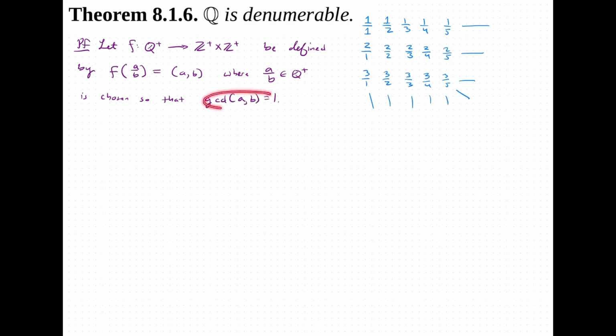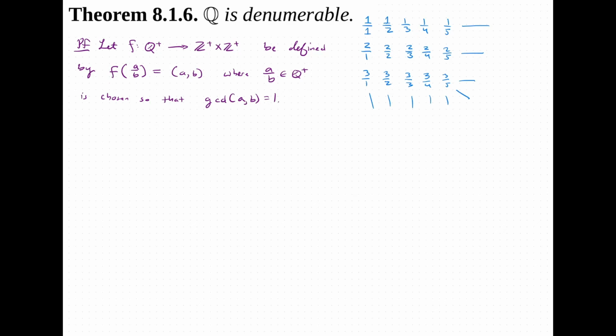Now this is crucial because when we take the elements, say 1/2 and 2/4, they are the same rational number. And so we want to have that the same input goes to the same output. And so by restricting to only those rational numbers that are in simplest form, we can guarantee that this f is a function.